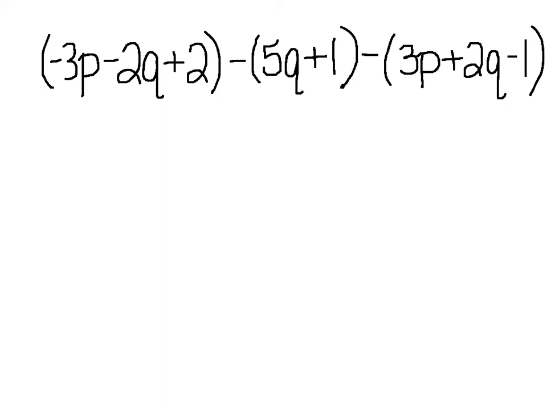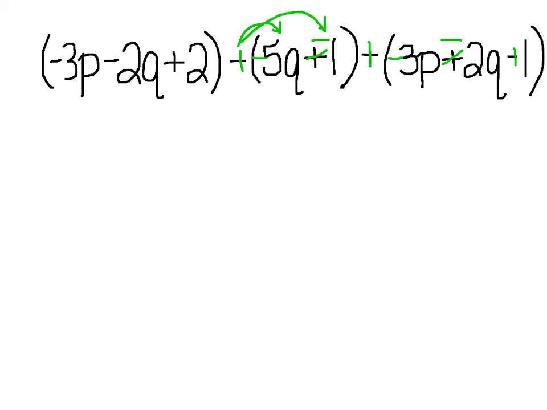Looking at another problem, I'm again still in the horizontal form, but now I have three polynomials I am subtracting. So again, I'm going to take that negative and distribute it to each term, so negative 5q and negative 1, and turn this into an addition problem. So plus negative 3p minus 2q plus 1.